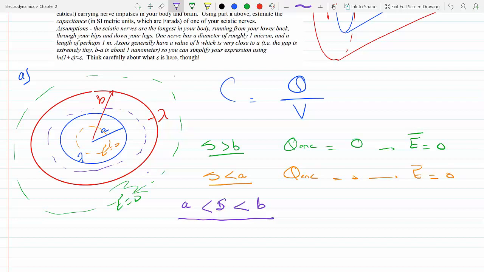So basically what I'm doing is, to find the capacitance, I have to find the potential. To find the potential, you have to find the electric fields, because you have to integrate the electric field to get the potential. And once you have the potential as a function of charge, you can take the ratio and find the capacitance.